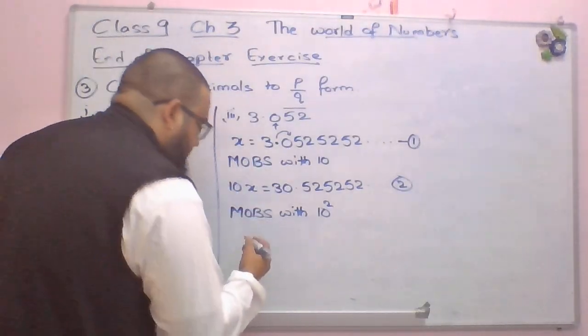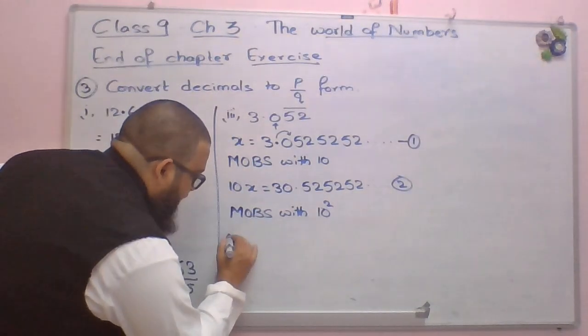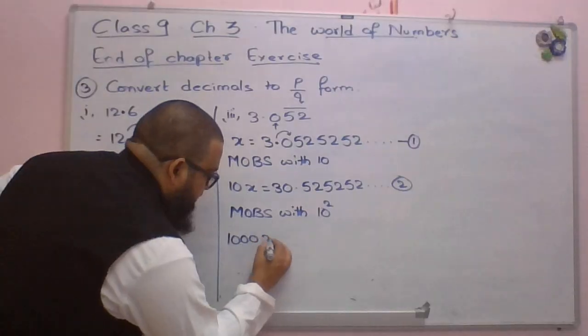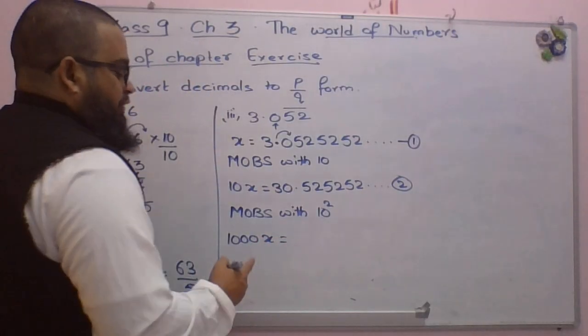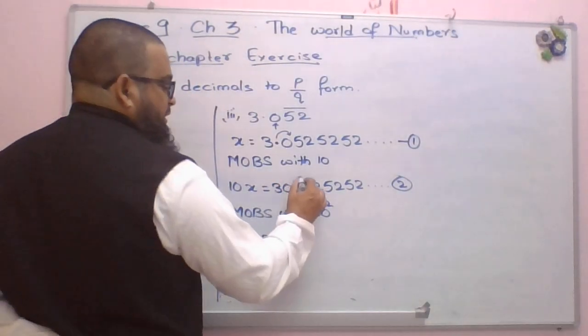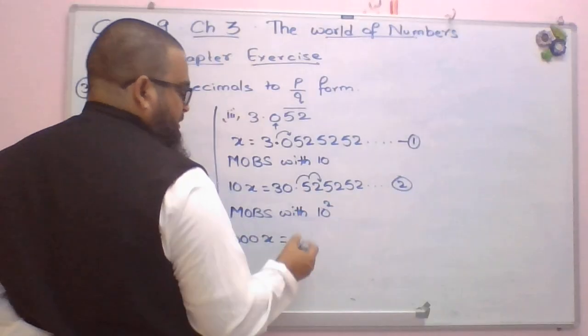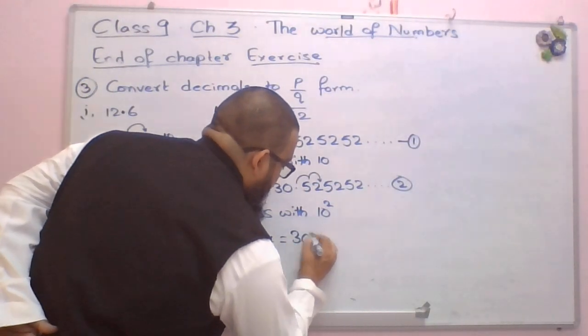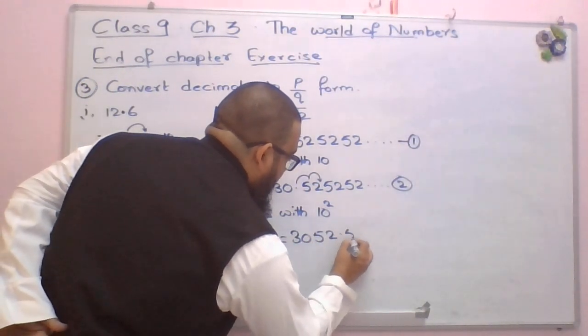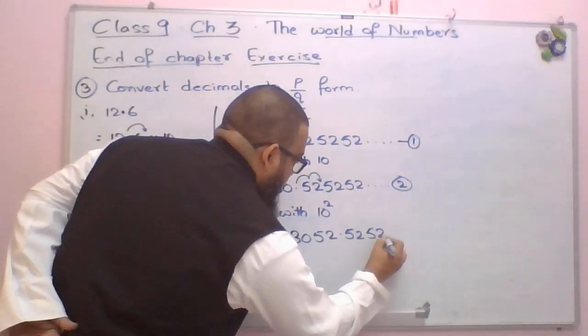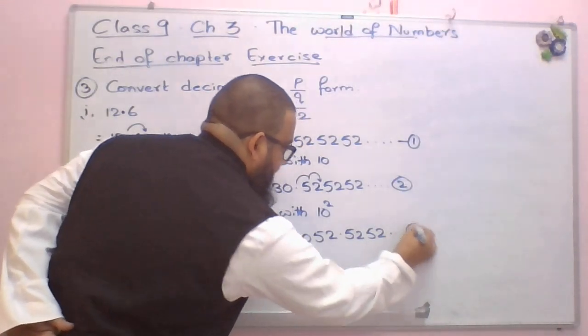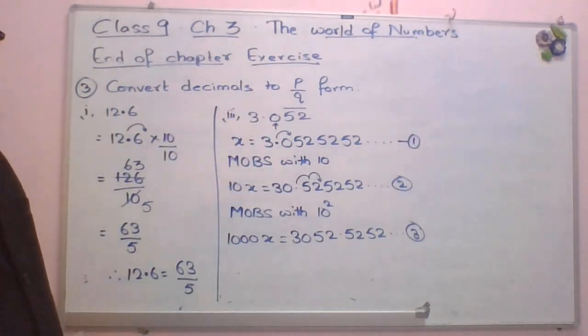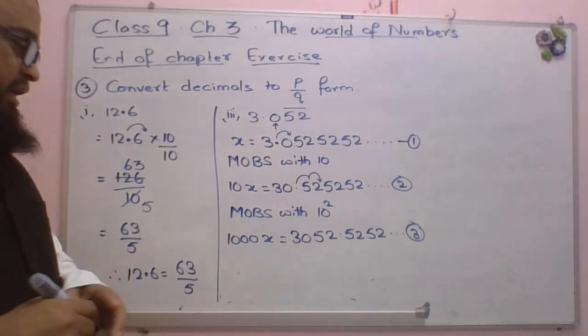Let us multiply the second one. So 10x into 100, it is 1000x equals. So when you multiply with 100, what happens? It moves 2 places. So it will be 3052.5252 and so on.